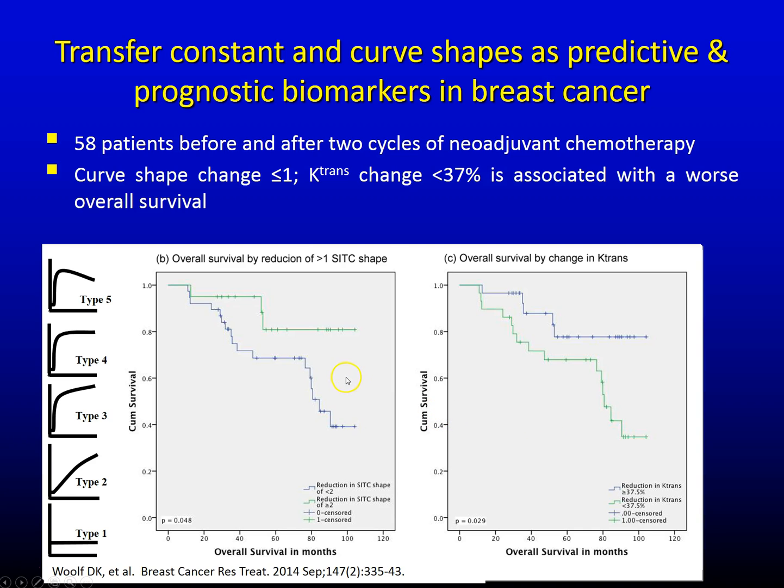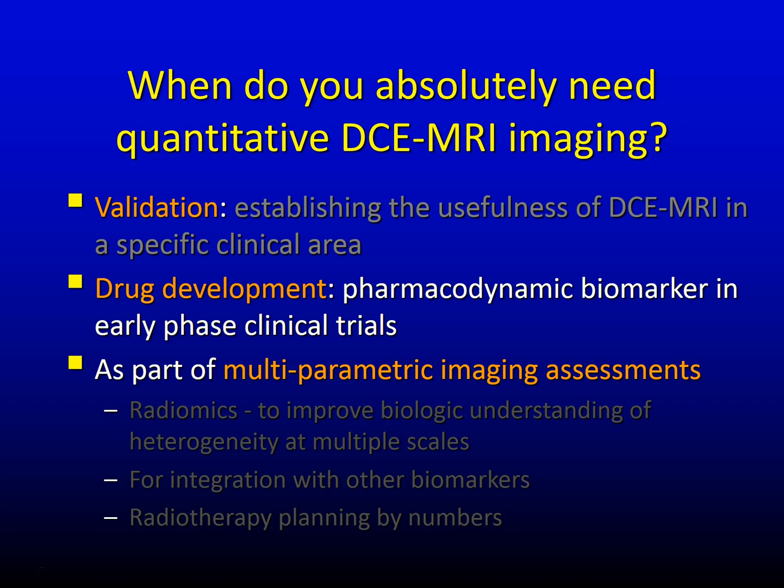But the data I've already shown you shows that the same thing is true just by looking at changes in curve shape, and we also demonstrated this previously. Now let me show you an example of a phase 1 clinical trial that incorporated DCE-MRI as a pharmacodynamic biomarker.